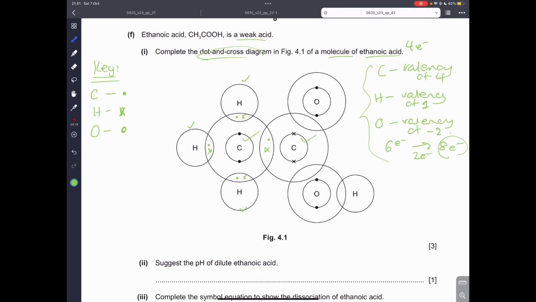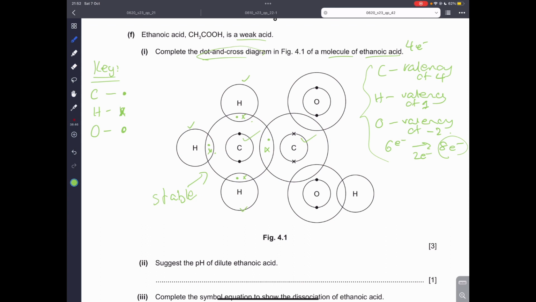So there will be 8 around the carbon atom, so they are already stable. Okay, and for the next one, we can see that carbon and oxygen have a single bond, and also a double bond, and I'll tell you why later.